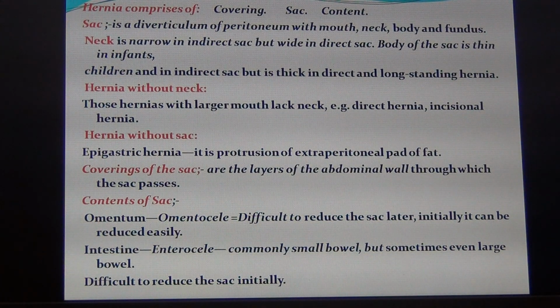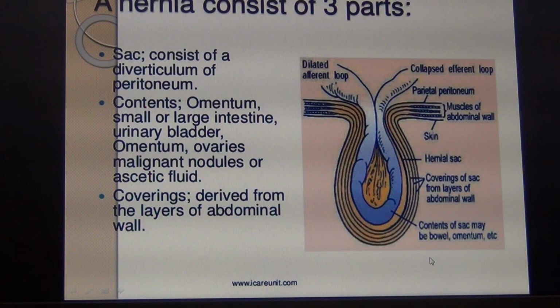Coverings, as we discussed, are the abdominal wall coverings of the sac. Omentum as contents of the sac is called omentocele. Sometimes it's the intestine, which is enterocele, and mostly it is small bowel, but sometimes even large bowel can enter the hernia, and it is usually difficult to reduce.